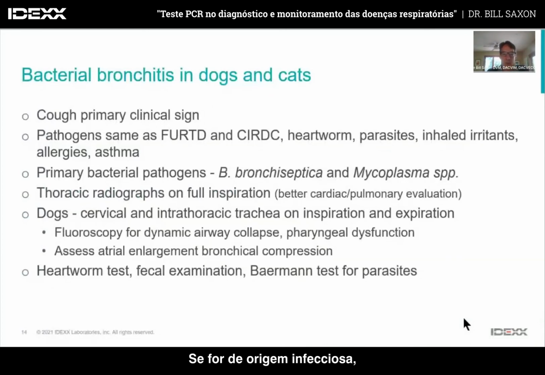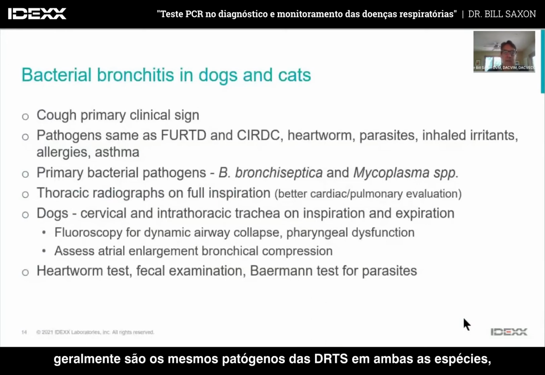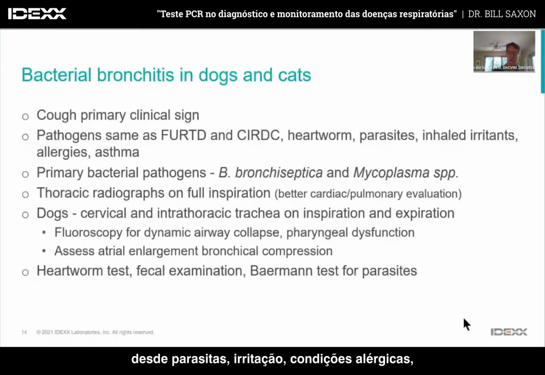If it's infectious in origin, it's usually the same pathogens as for the upper respiratory diseases in most species, but there are a lot of other causes of bronchitis in both species, from parasites to irritants to allergic conditions, think feline asthma, foreign bodies. Sometimes the cough is a bronchial cough induced by left atrial enlargement in dogs with advanced mitral valve disease, for example. So there are other things besides infectious causes.